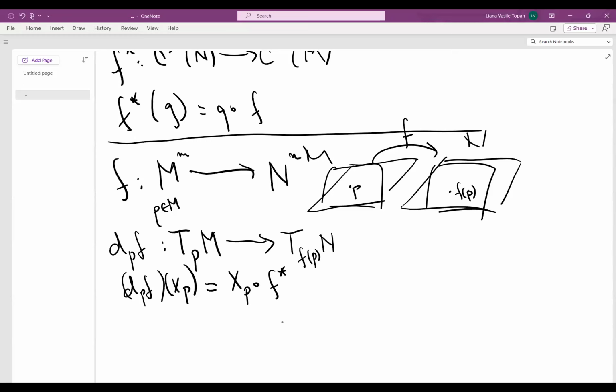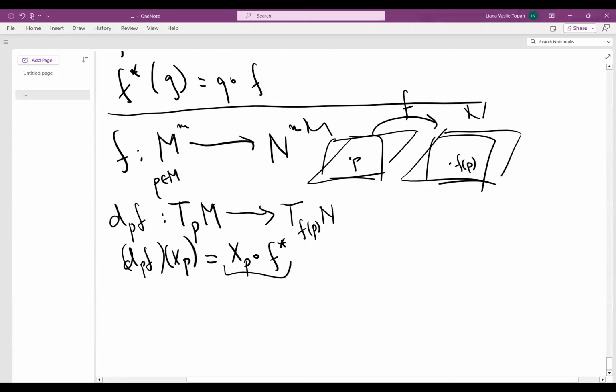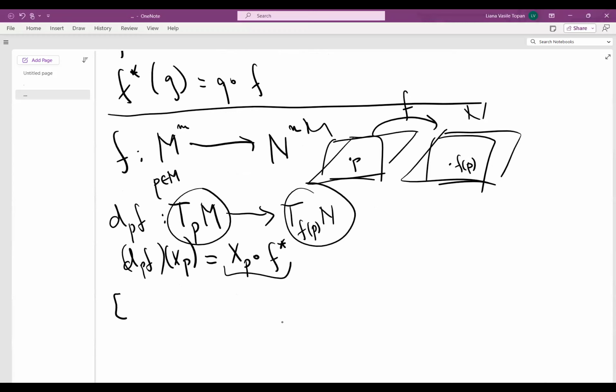And then we did see yesterday that that's correctly defined. Indeed, this is a tangent vector at the point f of P to the manifold N. And then we also saw that this is a linear transformation between vector spaces, so characterized by its matrix, and the matrix of the differential of a function f at the point P is in fact the matrix of the local representation of f on this chart at the point phi of P. And this is simply the Jacobi matrix.